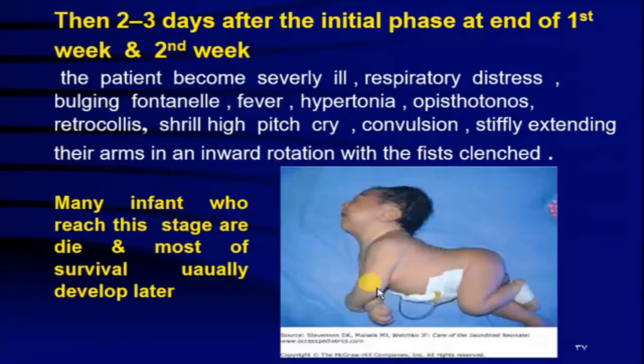Here you can see the fist clench in the hand. You can see the arching of the neck and arching of the back. Here it's called opisthotonus and retrocollis.